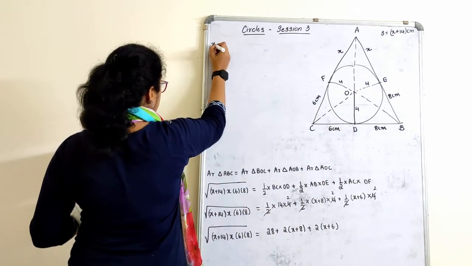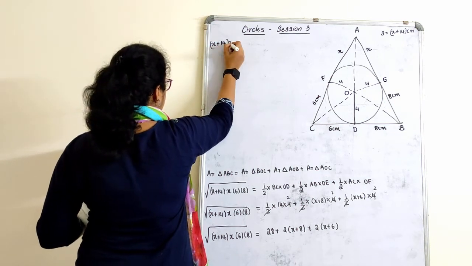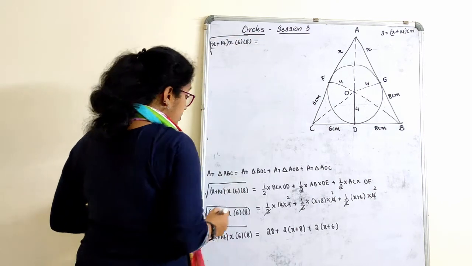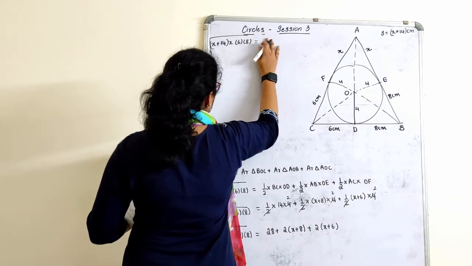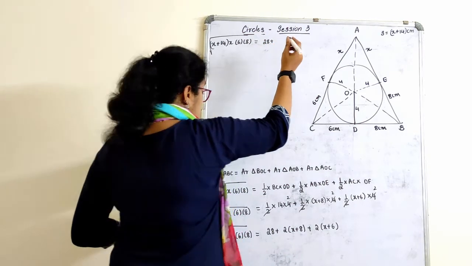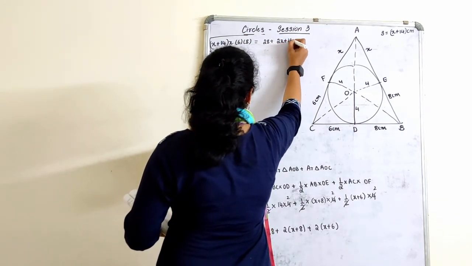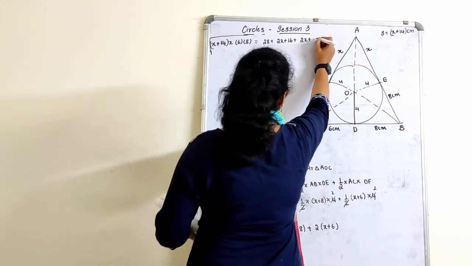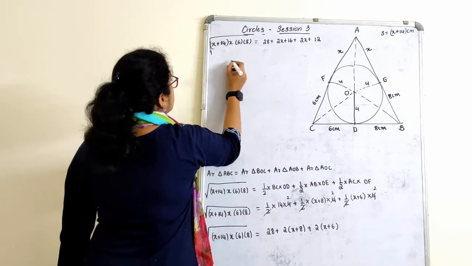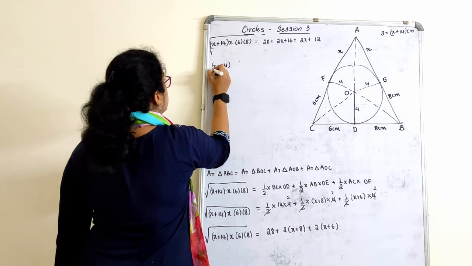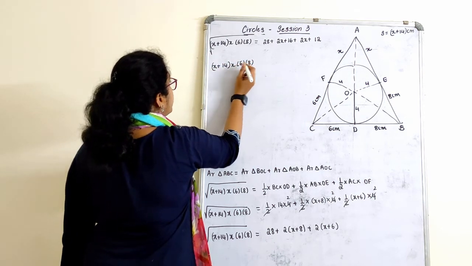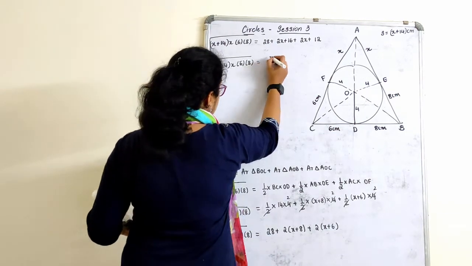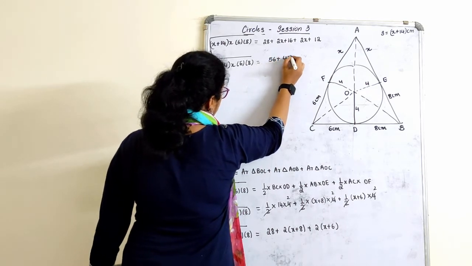Simplify the bracket. So x plus 14 of x of 6 of 8 square root is equal to 28 plus 2x plus 16 plus 2x plus 12 is equal to again x plus 14 of x of 6 of 8 is equal to, so 28 plus 16 plus 12, you will get that as 56 plus 4x.